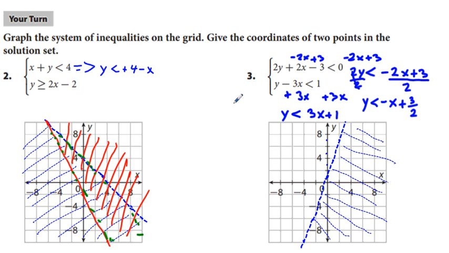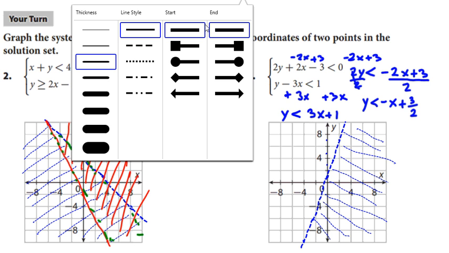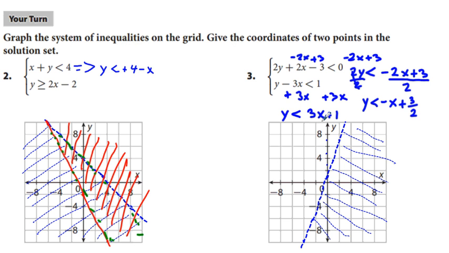Okay, next we have this y is not equal to but less than negative x plus 3 over 2. For that, I'm going to go get my red dashed line and go to 3 over 2. Well, these are each by 2, so it's going to be slightly above the y-intercept of the other one. And negative x plus 3 over 2.